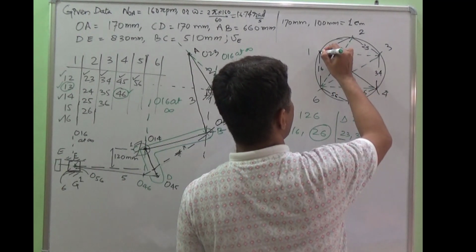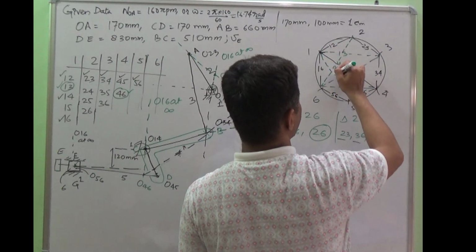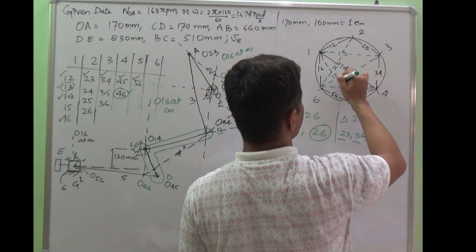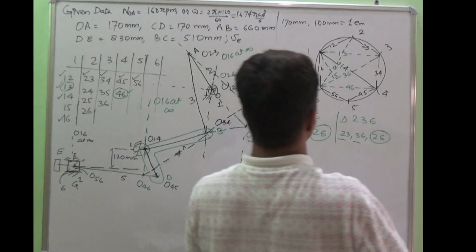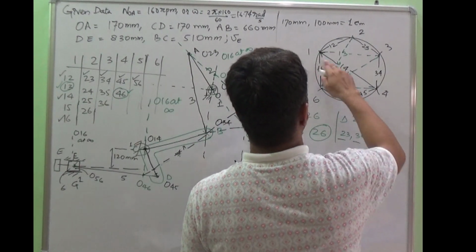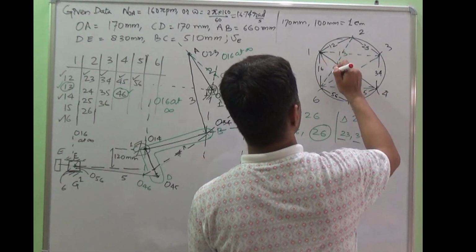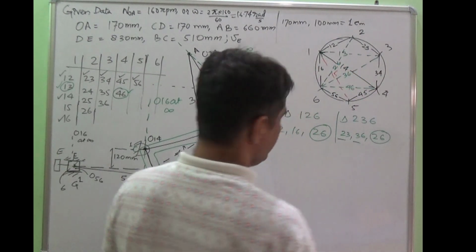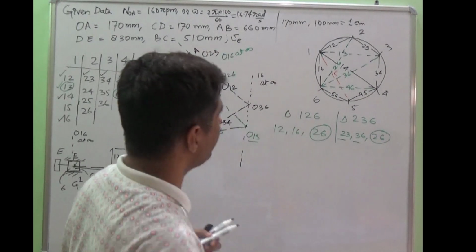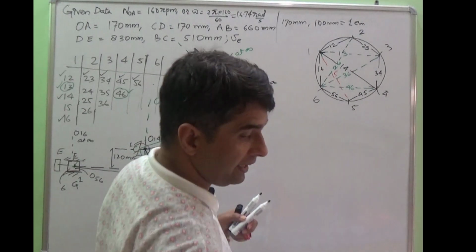So now I am joining these two points for O15. So this is 1, 5. I can use another color marker to differentiate this here. Once I join 1 and 5, we can find there are two triangles coming here.